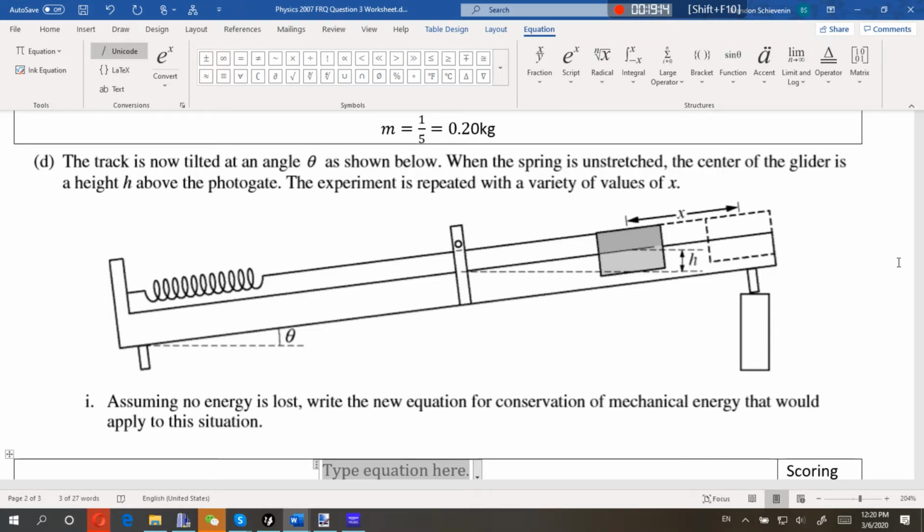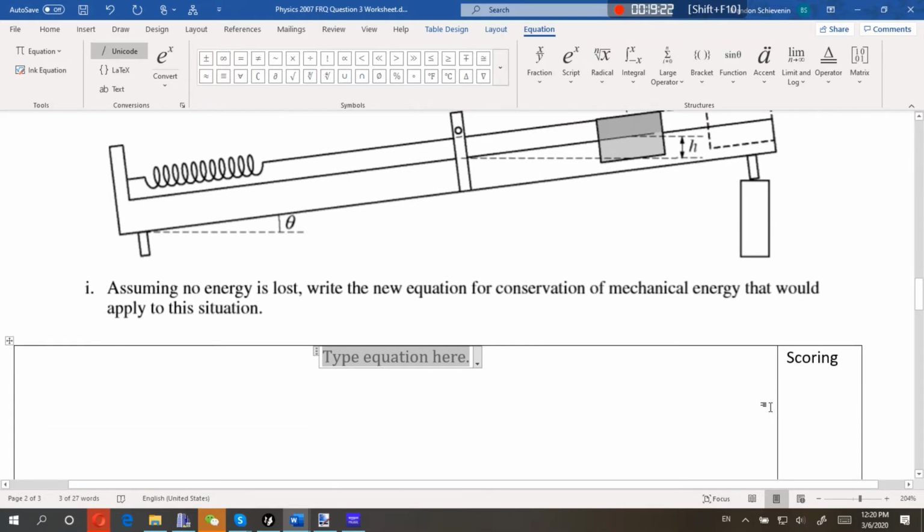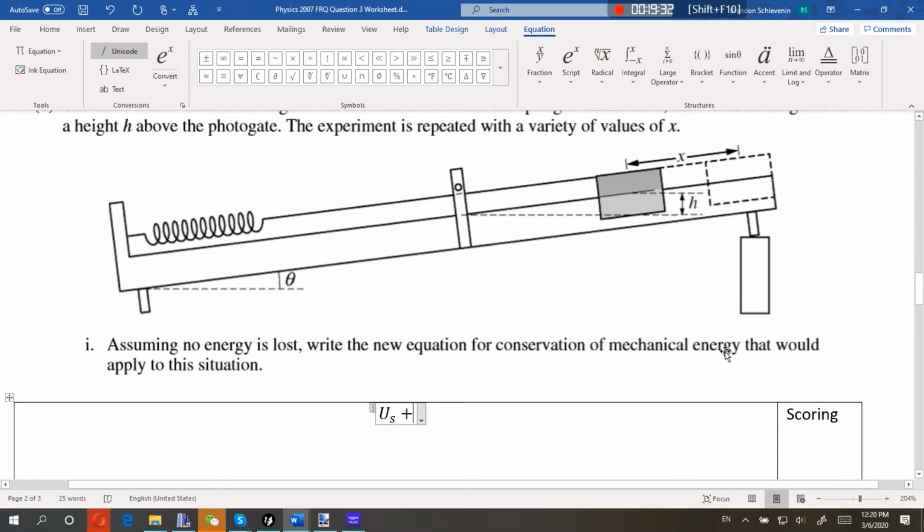So half kx squared. Okay, so that's the spring potential, plus gravitational potential energy should be equal to kinetic energy.